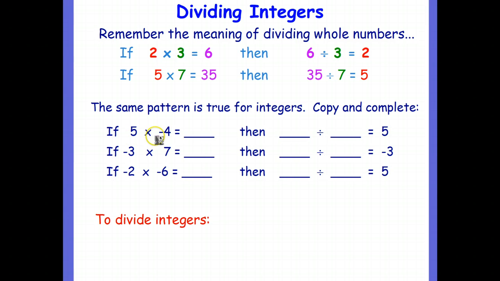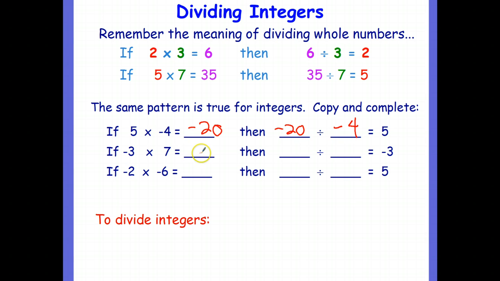If 5 times negative 4, well, we already know from 2 videos ago that that is equal to negative 20, because the signs are different. Then turning that around, negative 20 divided by negative 4 gives us positive 5.